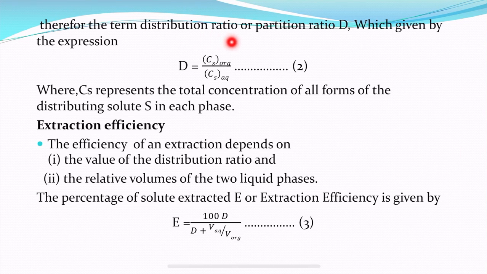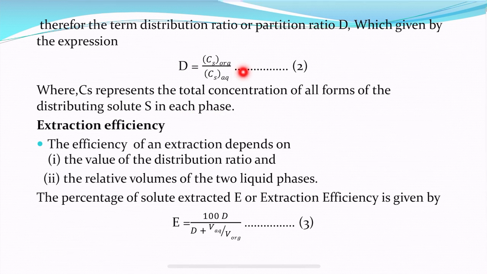Therefore, the term distribution ratio or partition ratio, which I call Kd, will be represented as D, which is given by the expression D is equal to Cs in organic solvent divided by Cs in aqueous solvent, where Cs represents the total concentration of all forms of the distributing solute S in each phase, okay.